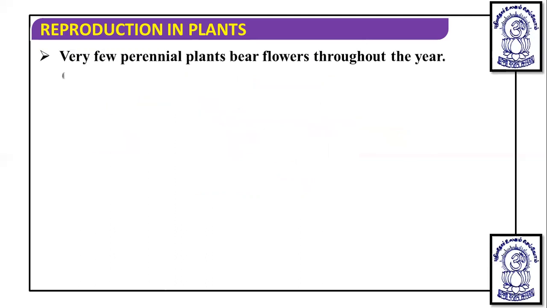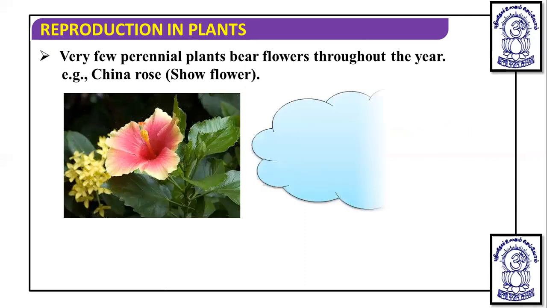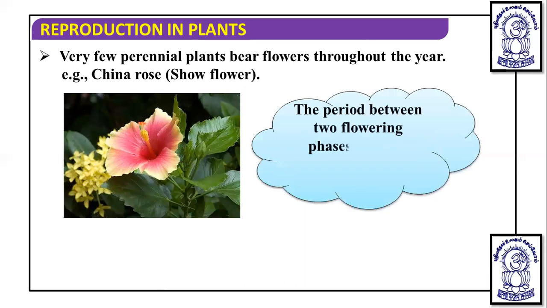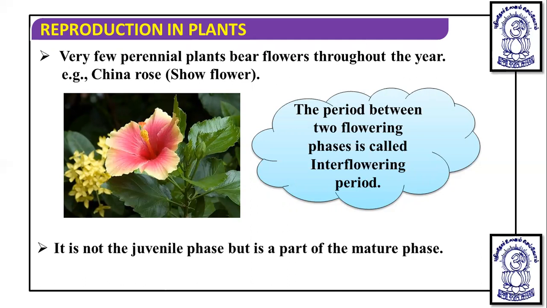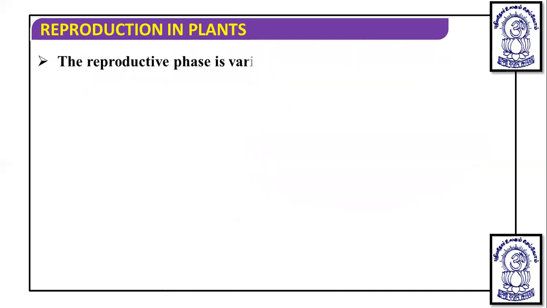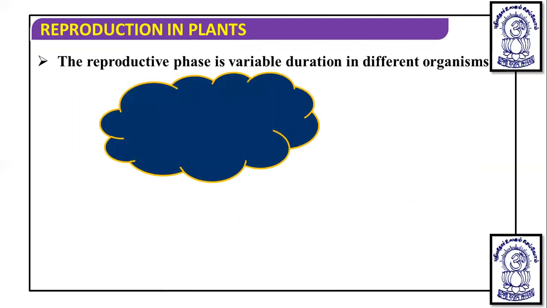Very few perennial plants bear a flower throughout the year. That is like China rose. China rose is a flower which we also call Hibiscus rosa-sinensis. In this, flowering occurs throughout the year. And the period between the two flowering phases is known as the interflowering period. It is not the juvenile phase, it is the mature phase that we have discussed. The reproductive phase is of variable duration in different organisms, as we have discussed.